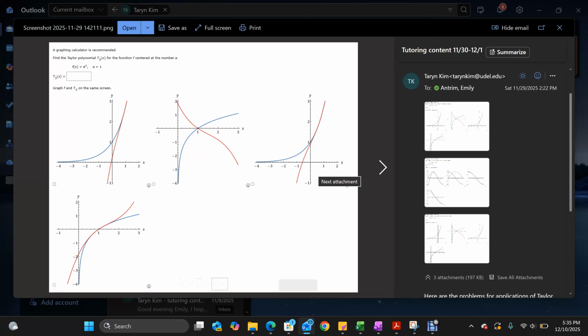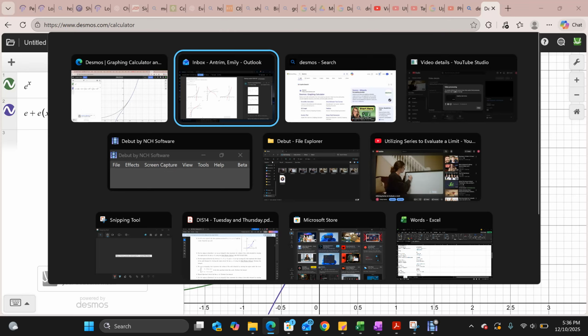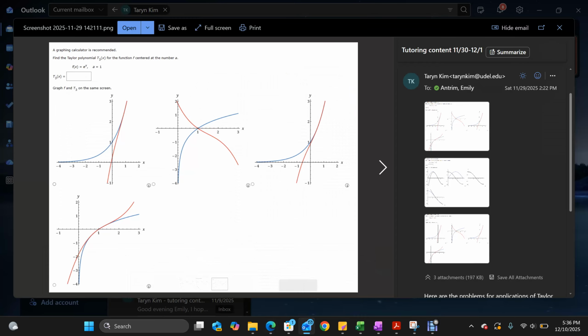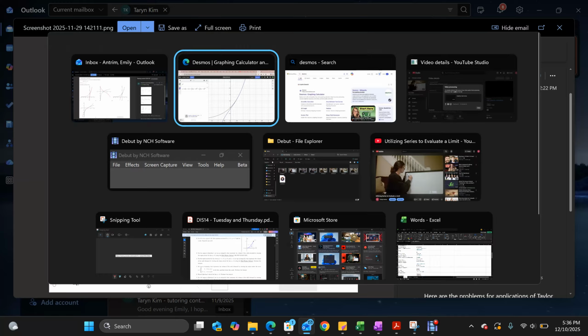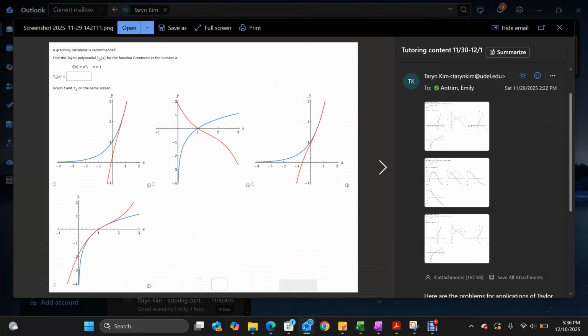I wish they gave us some slightly different ones, but I would just look at the scale and say this crosses the x-axis closer to -1, this crosses the x-axis closer to 0, and this, in my opinion, is closer to -1 rather than 0. And then you can also look, it basically intersects at -1, -1, and that basically is where this is. So this would be my answer for this problem.